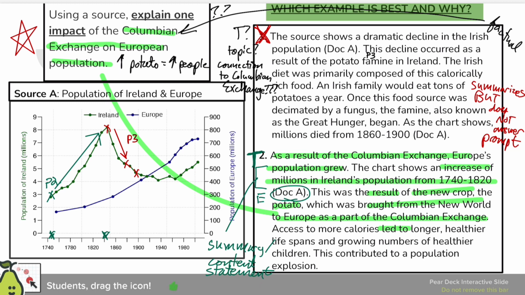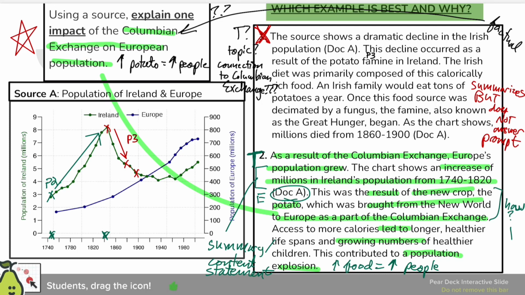This contributed to a population explosion." That's just a fancier, AP way of saying more food equals more people, which we've said repeatedly throughout the semester. Obviously, you can't put "more food equals more people" in your essay, but you can write it in an AP manner: led to, contributed to, growing numbers.